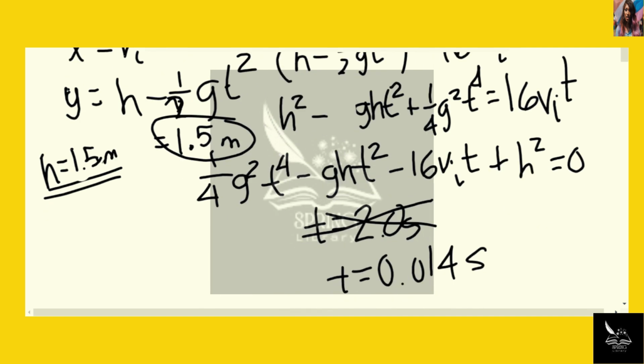And of course, if that's not the correct h, then I can just put in a different h. Let's say that h was 1 meter. That's going to give me a time of 0.0625. Or if h is 2 meters, then that would give me a time of 0.0249.